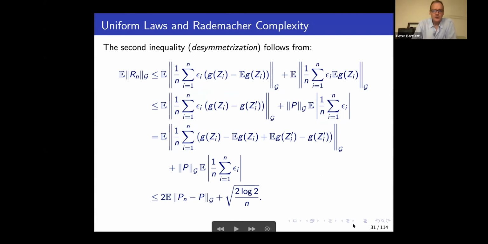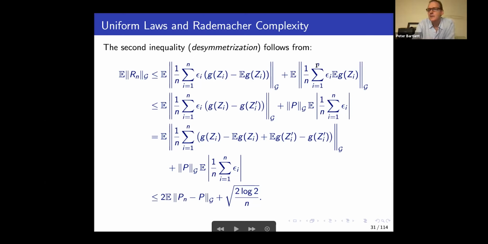Things are taking a bit longer than I'd planned, so I might skip the steps here, but it's really using just the same sort of ideas, triangle inequality kind of ideas, adding and subtracting some expectations in here, using a triangle inequality, symmetrizing again, replacing that expectation with a symmetrized version, and then adding and subtracting some expectations and using again a triangle inequality in the same way as we did on the previous slide.